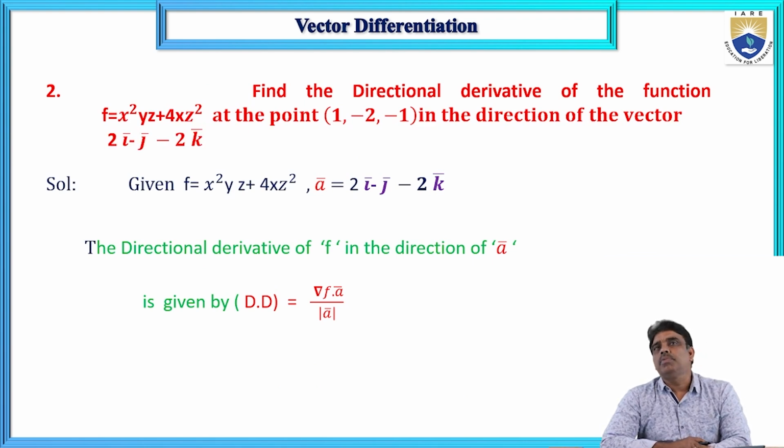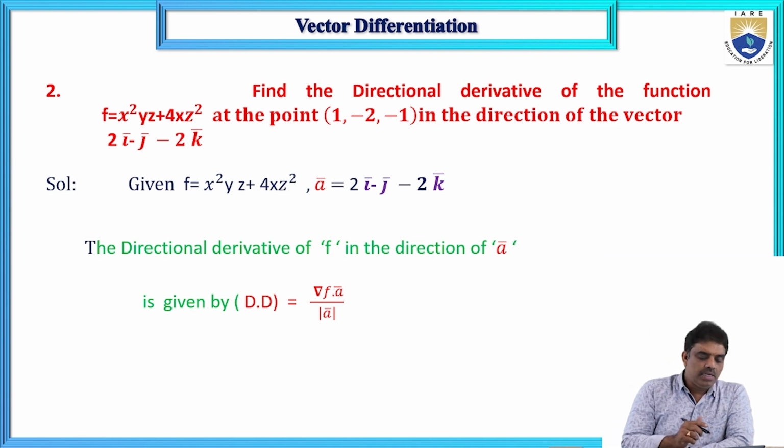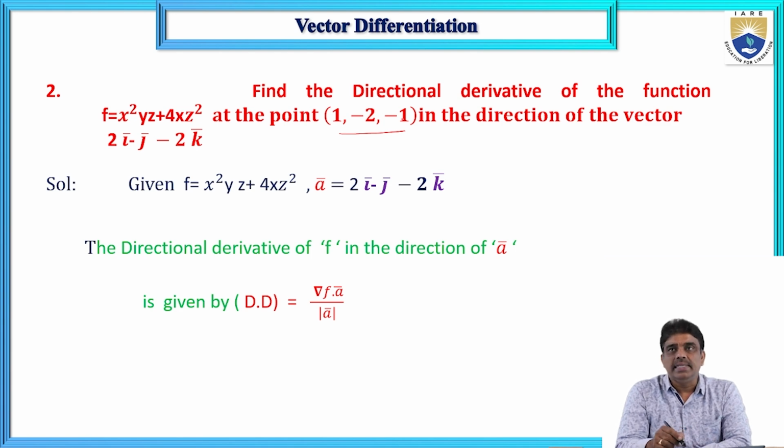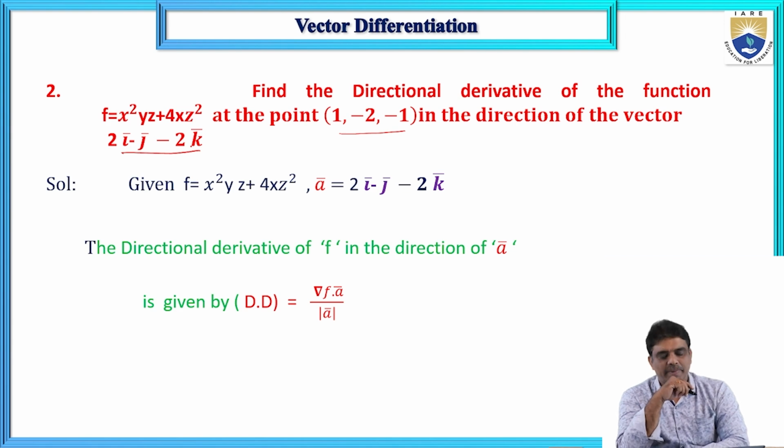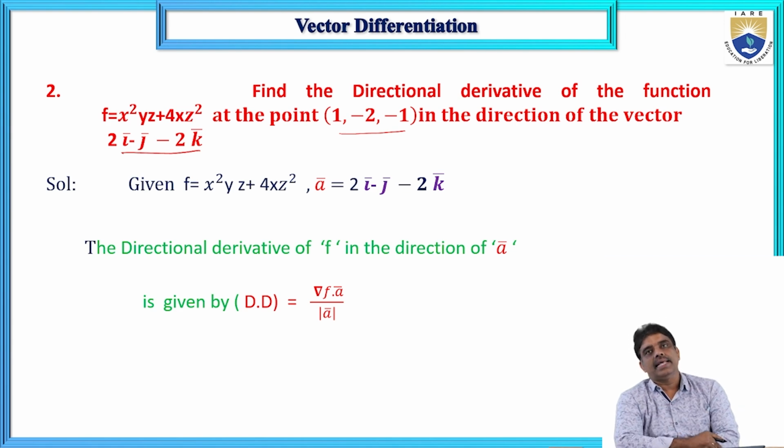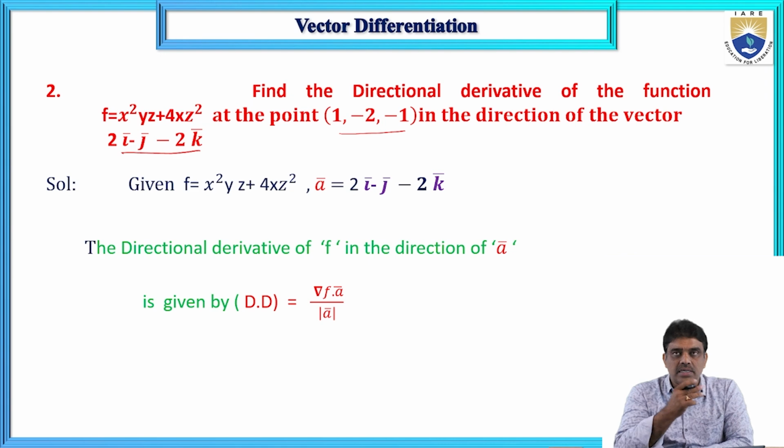Find the directional derivative of the function f = x²yz + 4xz² at the point (1, -2, -1) in the direction of the vector 2i bar minus j bar minus 2k bar. Directional derivative means the rate of change of phi or f in the direction of some vector.